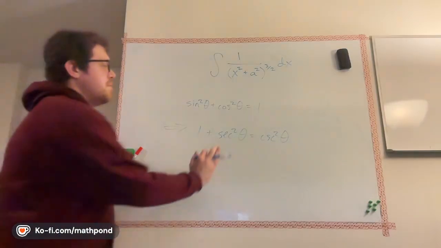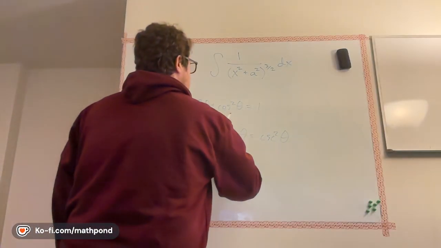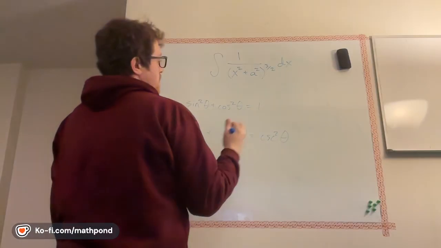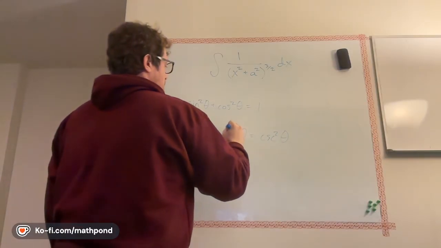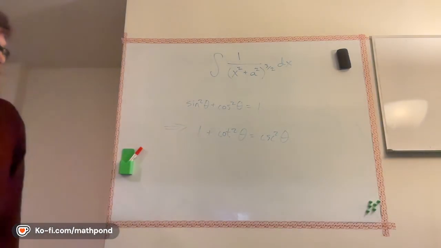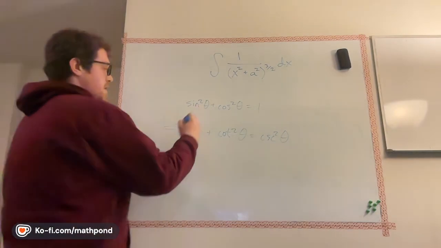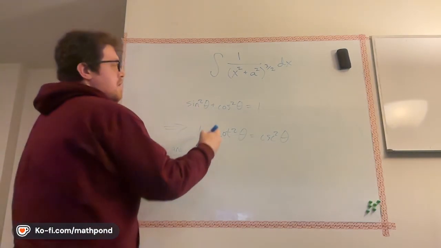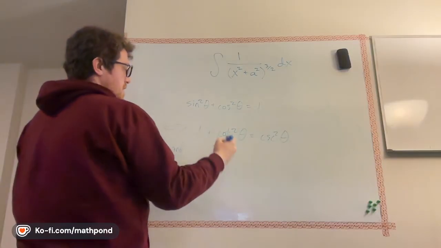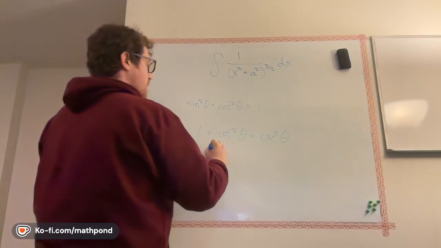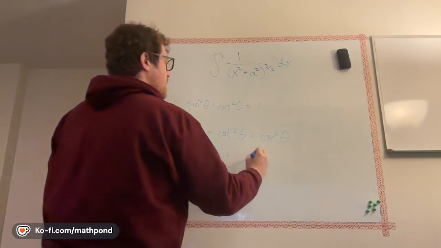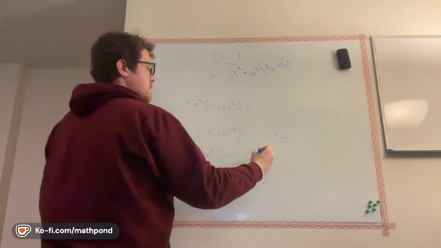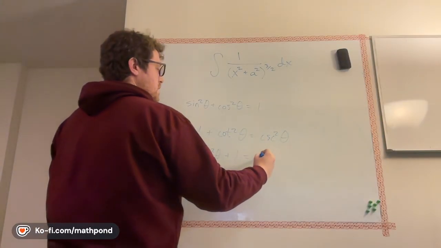Or not secant, I mean this is, what do they call it, cotangent? And then also if we divide by cosine squared, then we get tangent squared theta plus 1 is secant squared.